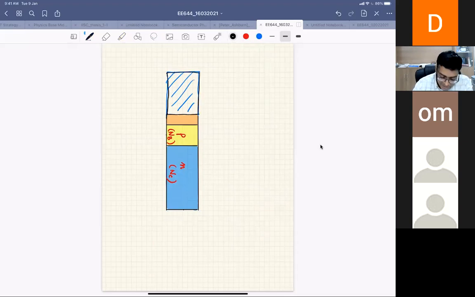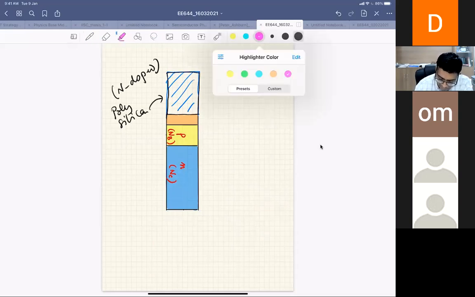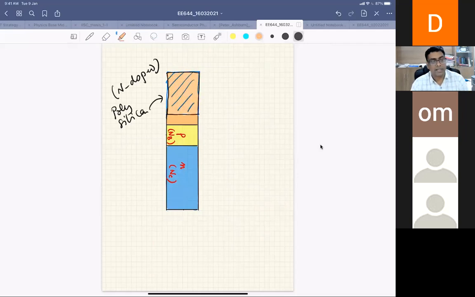Okay, so this is my polysilicon, and this is the end of polysilicon. This part here is also doped, but since this is polysilicon, this can be done afterwards, after your base is formed.